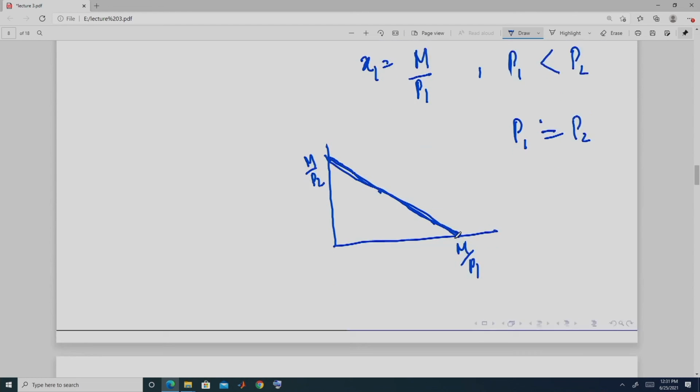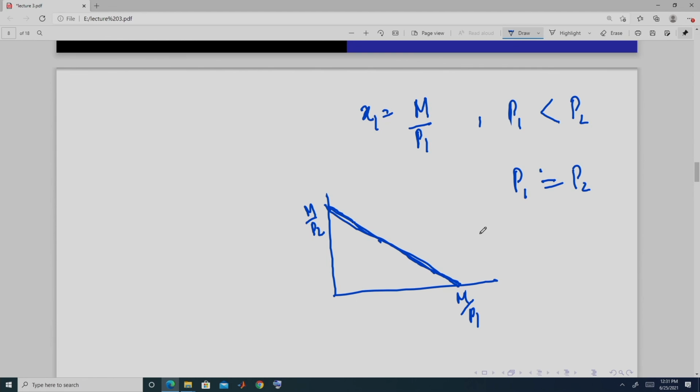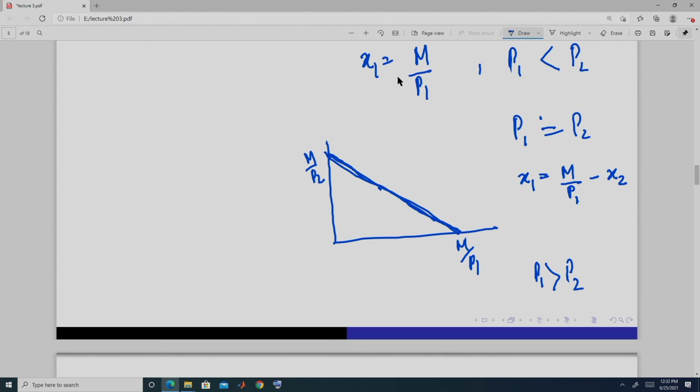So the demand curve of good 1 is going to be this, because P1 is equal to P2, we can cancel it. Whatever amount of x2 you have bought, and what is left, you are going to buy x1. So any point like this. And whenever P1 is greater than P2, from the same argument we get that x1 is going to be 0.